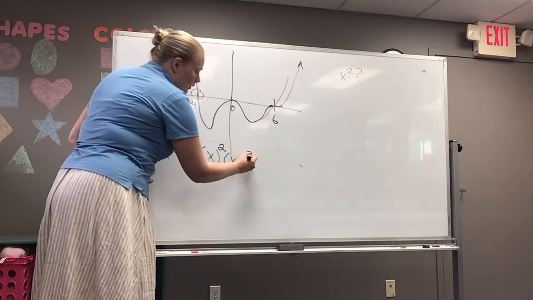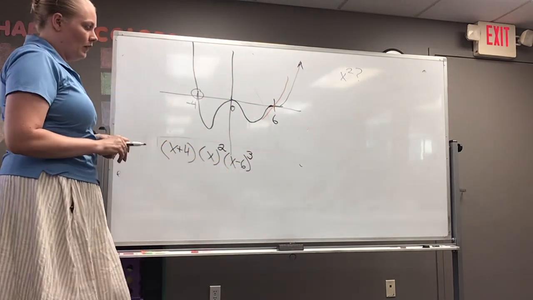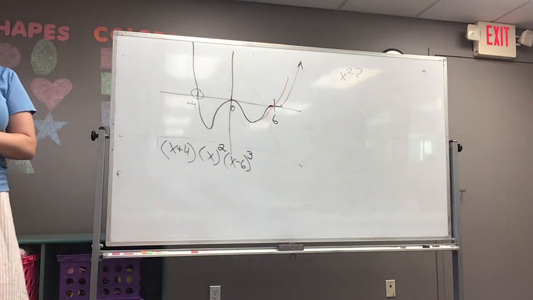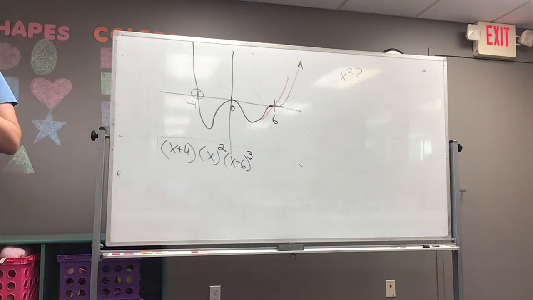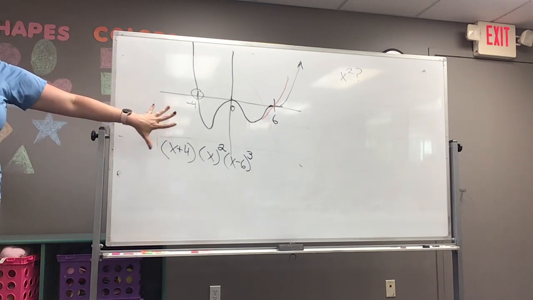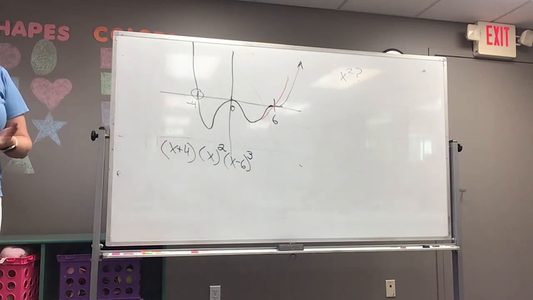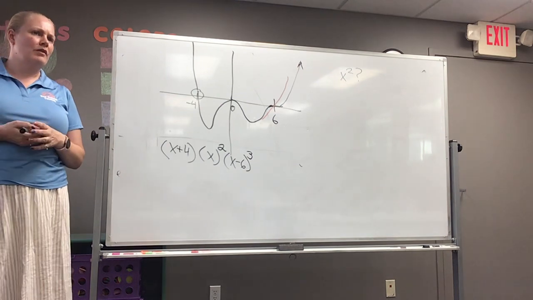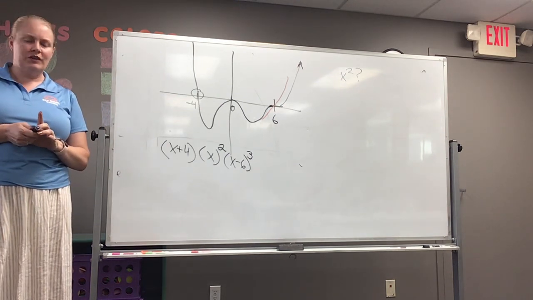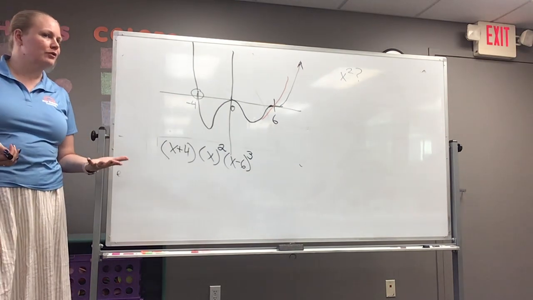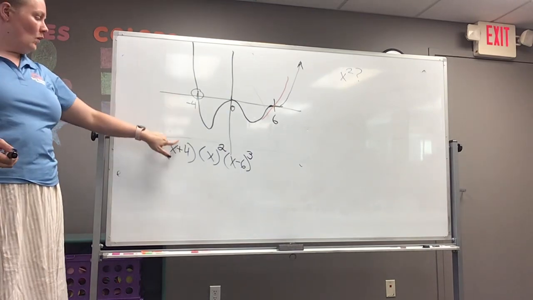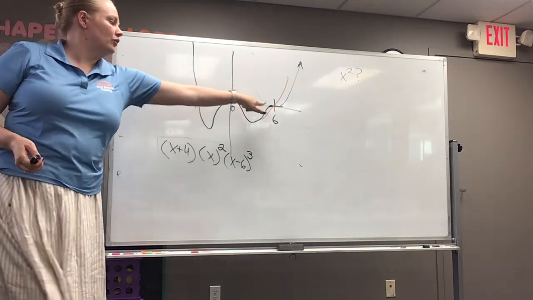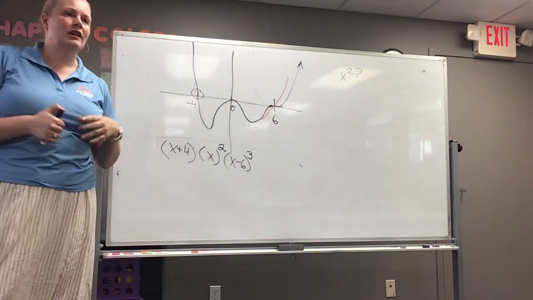And so this is x minus 6 to the third power. Being familiar with what those individual pieces do is the key to this problem. This problem is not as common as some of the other ones. I've seen it a couple different times, but not necessarily every test. But understanding what these factors do in the equation is a good thing to know.